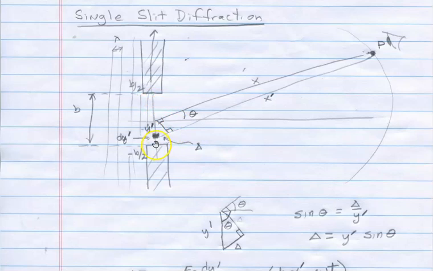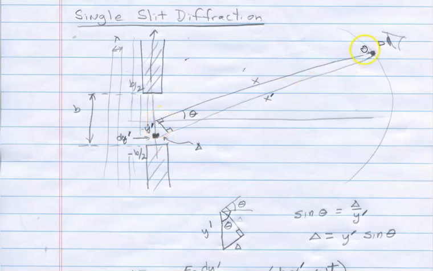Any wavefront can be considered to be made up of a bunch of spherical point sources that emanate spherical wavelets, and then the ultimate wave that gets to a point is a superposition of all of these spherical wavelets from every point on that wavefront. And that leads us to another thing.